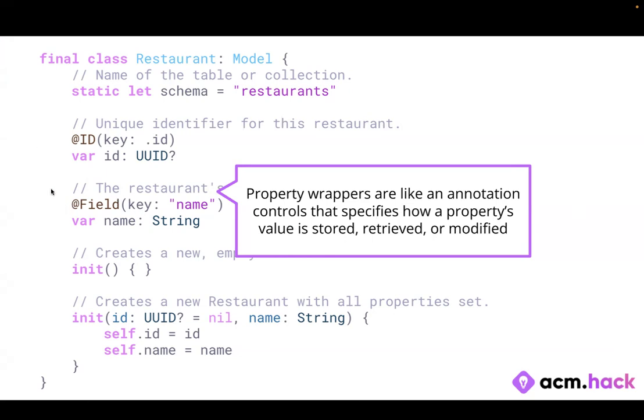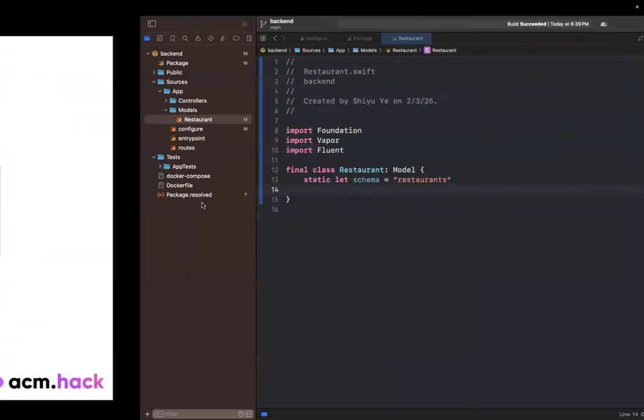The other property wrappers are not like this. They could have duplicates, like @Field or something like that. We'll cover more later. But for the ID, here we have the @ID, and the key is .id. Just use this as it is. And then we define a variable called var id, and the type is UUID, like I said.